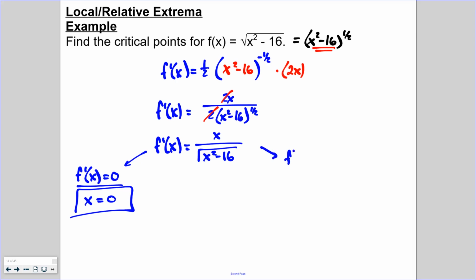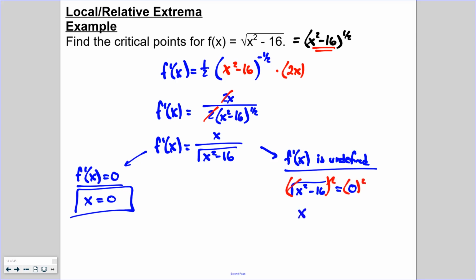And then we have to figure out when f of x is undefined. We know a fraction is undefined when the denominator is equal to 0. So we can set the square root of x squared minus 16 equal to 0. Now we just need to solve this equation. We'll get rid of the square root first, square both sides, leaving us with x squared minus 16 equals 0.